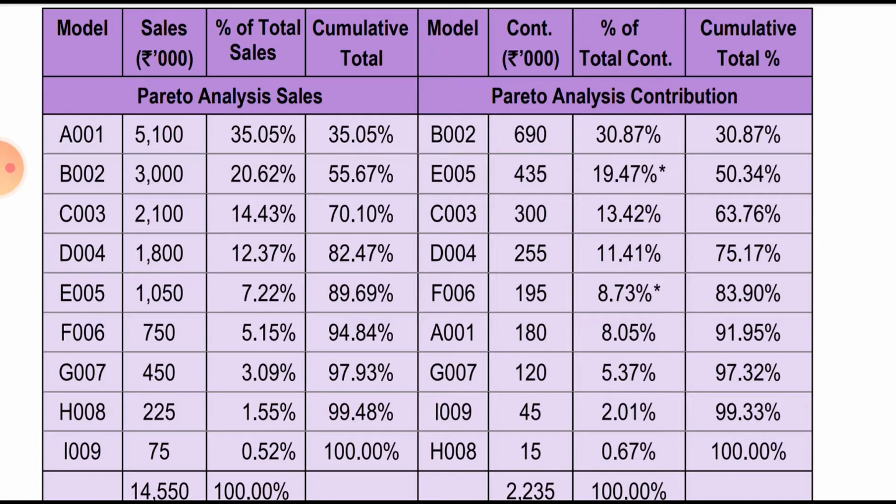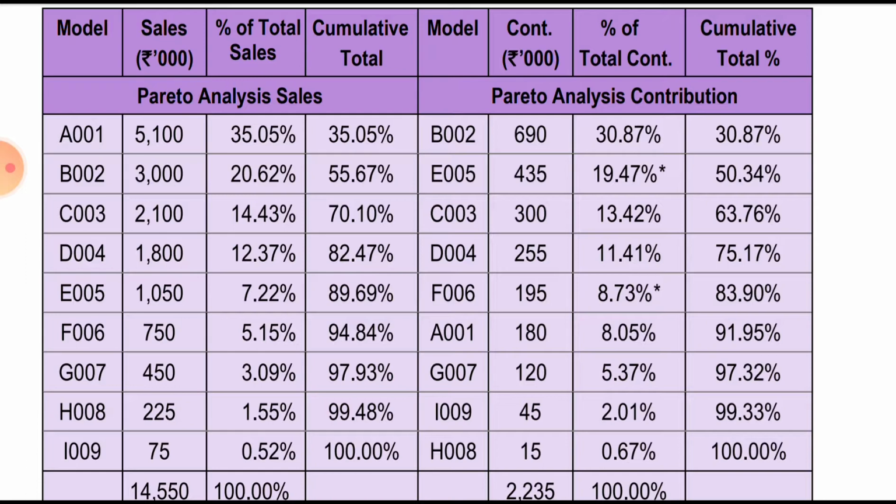Then we can see over here that E5 is giving us sales of only 7.2% of the entire sale, but its contribution is 19.